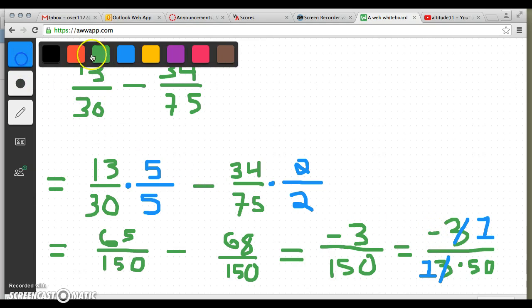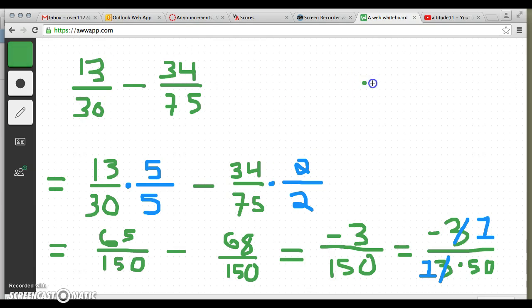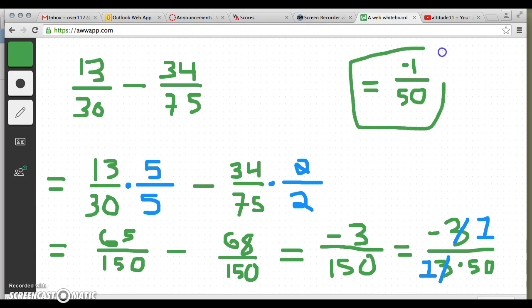So our final answer, completely simplified, is going to be -1 all divided by 1 times 50. And 1 times 50 is just 50. So -1 over 50 would be your final answer.